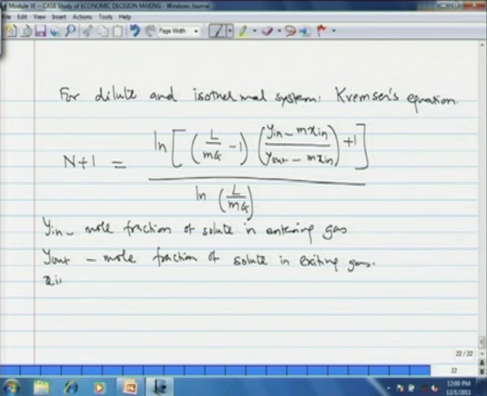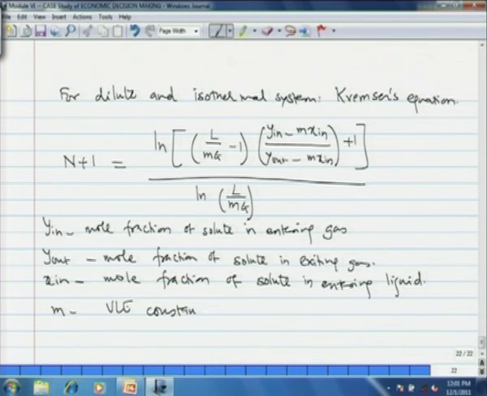X in is the mole fraction of solute, that is acetone in the present case, in entering liquid. Liquid entering the actual absorption column, okay, and m is the VLE constant or equilibrium constant.